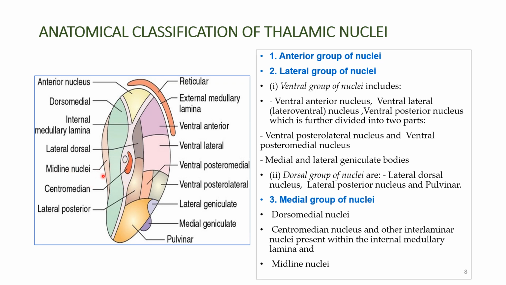So this is midline. So in the medial group you have dorsomedial, this is 1. This is midline nuclei, this is 2. Then centromedian nuclei, this is 3. And some intralaminar nuclei, 4. Okay. So you have to write 4 names in the medial group of nuclei. Okay, this is 1, 2, 3 and 4.